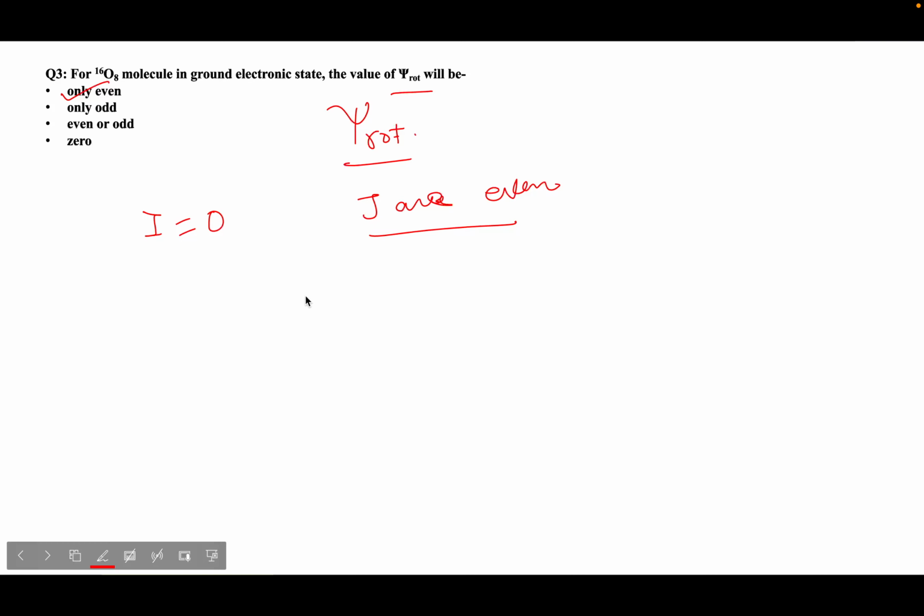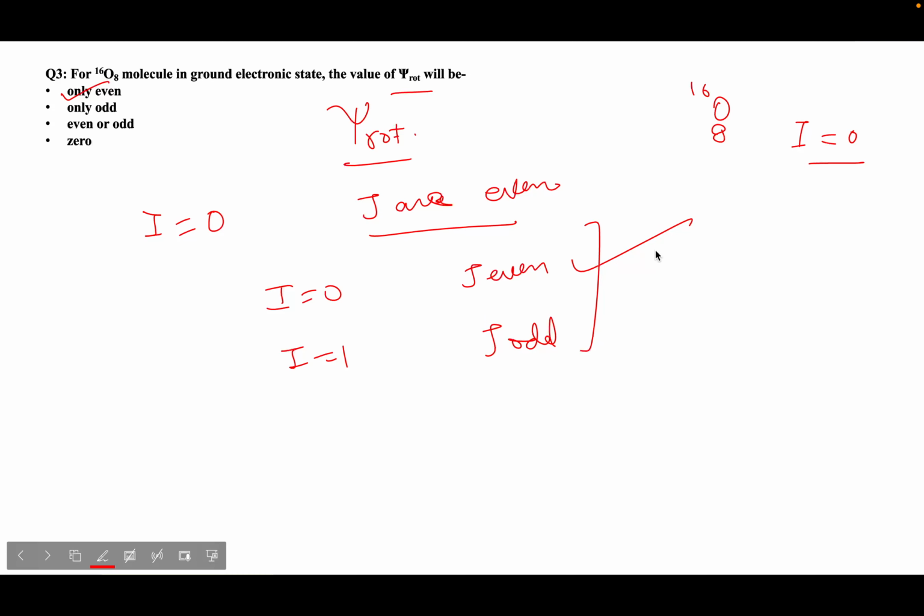I just told that if I is equal to 0, J is even, and if I is equal to 1, J is odd. And here, for 16O8, this is an I equal to 0 system only, so J is all even.